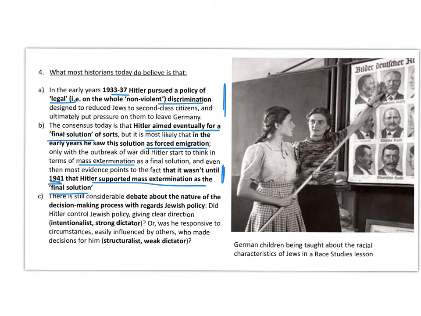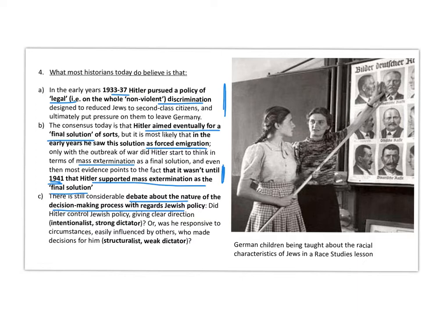So the debate is very much about the decision-making process, about what you can see what Jewish policy was. It seemed to be gradualist, but what were the underlying intentions? And of course, the argument is those underlying intentions changed over time, and the real radicalization of policy probably happened more at the beginning of World War II, although there was some evidence that from about 1938 onwards, policy became more radical.